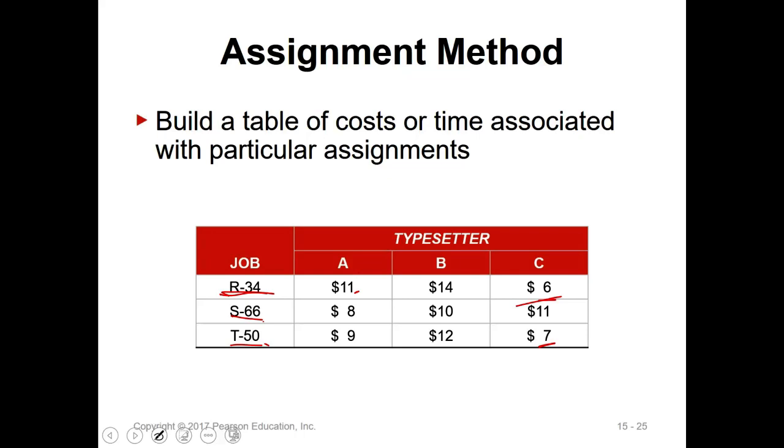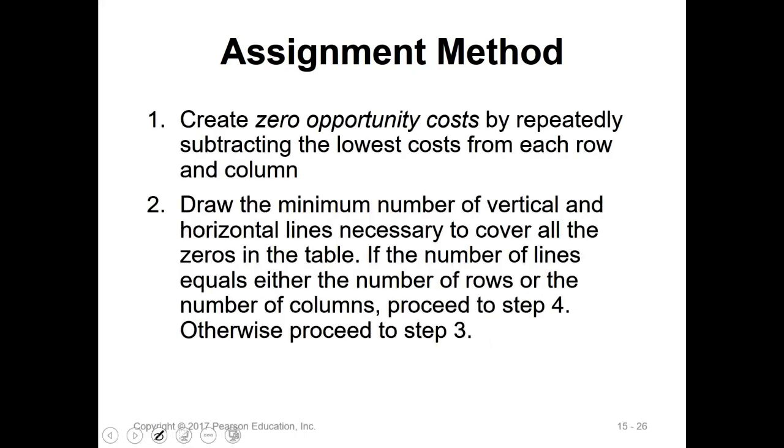It's not really much. If you look at only a $1 difference, but here you see this is a $2 difference. The goal is to minimize the overall cost of jobs R34, S66, and T50.